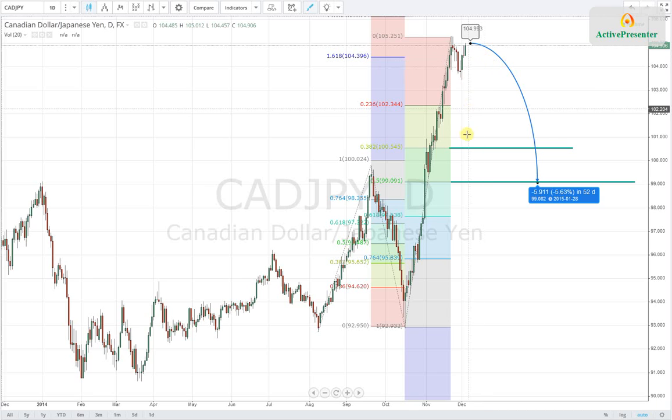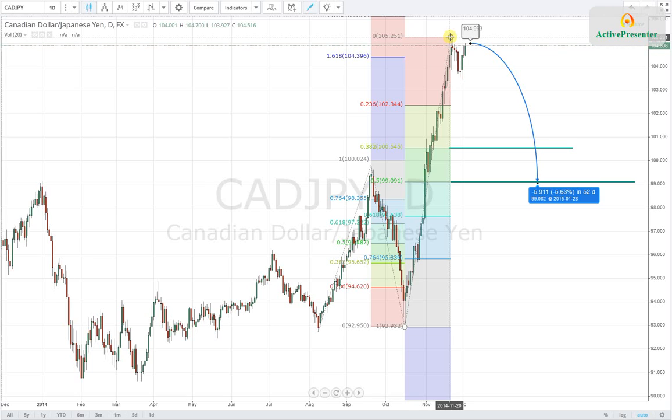Now the 50% retracement for this pair is at 99.11. So let's consider we enter short at around 104.20, and that gives us a good 400 to 450 pips move on this pair on the downside. Now a stop loss for this would be above the high it has already created, that's at 105.25.